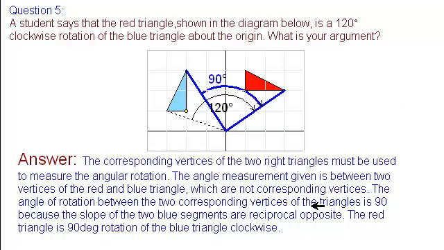The angle of rotation between the two corresponding vertices of the triangle is 90 degrees, because the slopes of the two blue segments are reciprocal opposite. The red triangle is a 90-degree clockwise rotation of the blue triangle. So we can see that this is 90 degrees because the angle between the two is 90 degrees. I hope you understand the question and its visual demonstration.